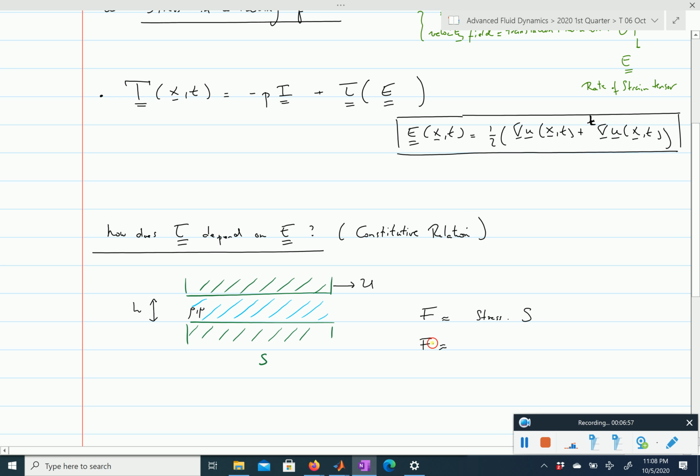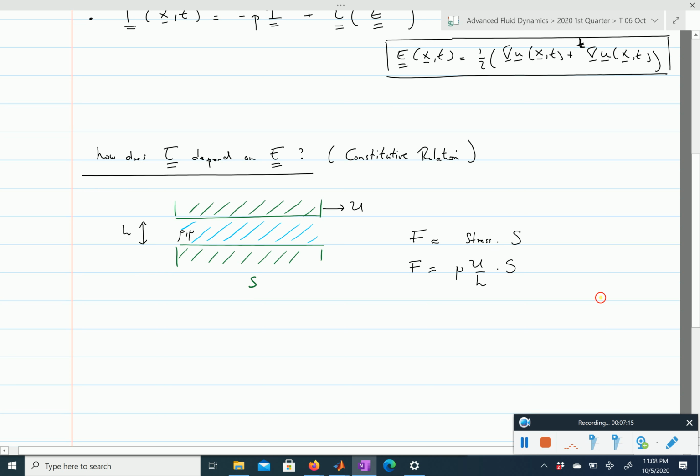Well, if you have viscous forces, then your stress, you can reason in terms of dimensions, would scale with mu, we've seen that before, u divided by h times S.